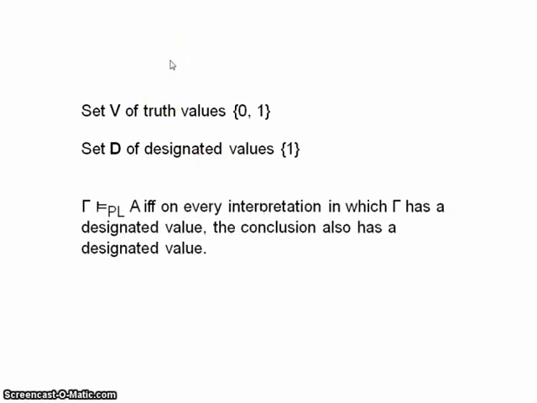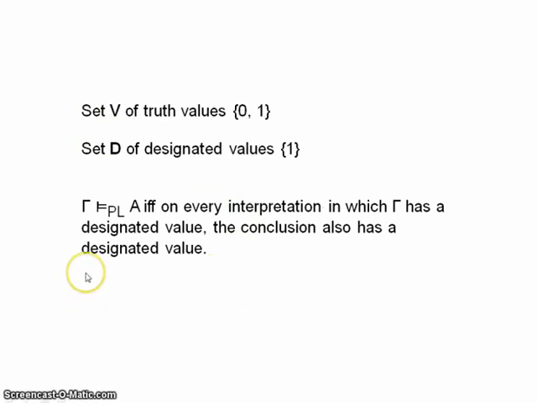We say that some formula A is a semantic consequence of a set gamma of premises, in propositional logic, of course, if and only if every interpretation that gives the premises a designated value also gives the conclusion a designated value.